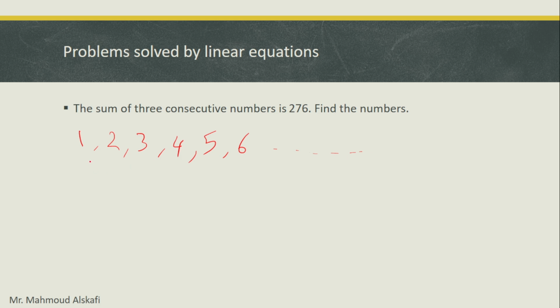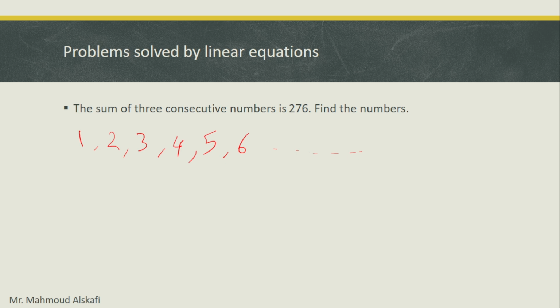Now, in this case, we need 3 consecutive numbers that give us 276. 1 plus 2 is 3. 3 plus 3 is 6. So it didn't give me 276. And even if we choose 4 plus 5 plus 6, it doesn't give me 276. So in this case, if we try all the consecutive numbers, it will be hard for us.